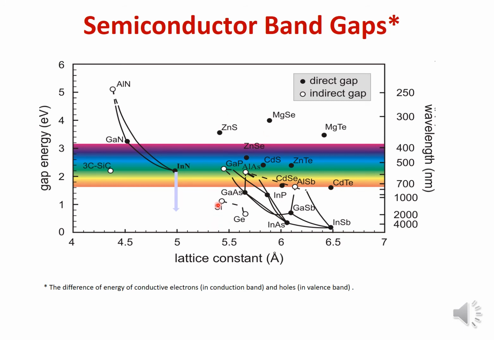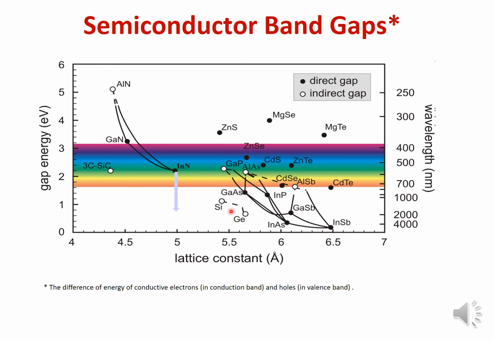Traditionally, people studied silicon a lot, right? Silicon band gap is around 1 electron volt, lattice constant around 5.5. Some other very important semiconductor material is gallium arsenide over here. The band gap is around 1.5 electron volt. Lattice constant is around 5.5.